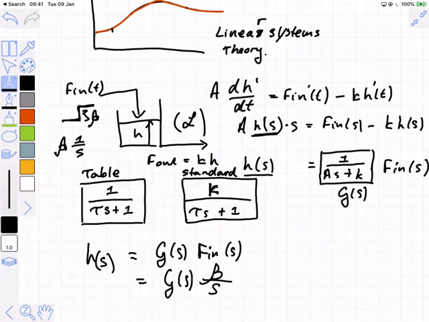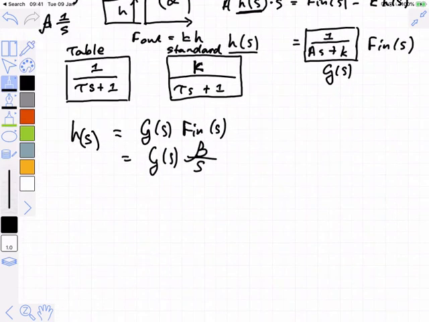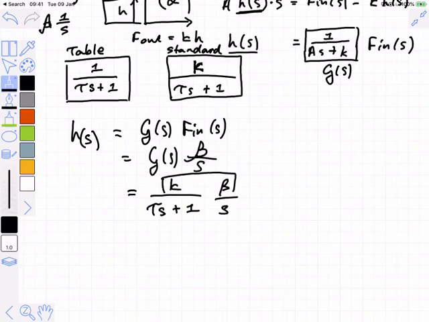And so now we know that H(s) is equal to K(tau s + 1) times beta over s. And now you'll start seeing the logic of the table, right? Because notice that we started off with this K, but now we actually have a new constant of multiplication.